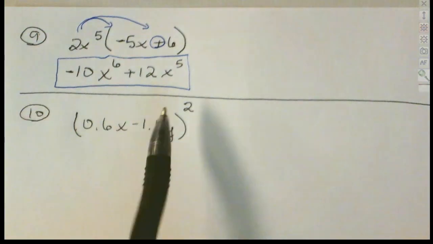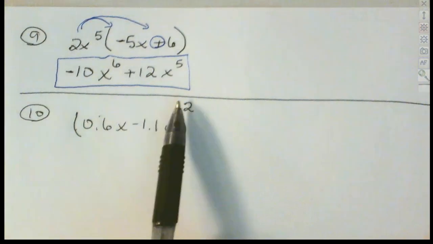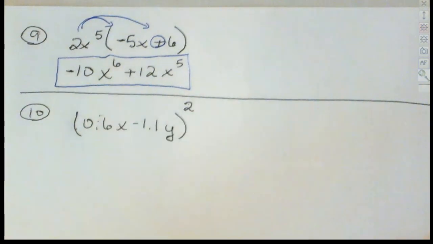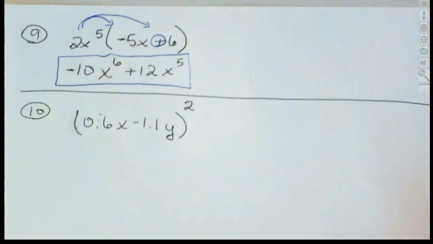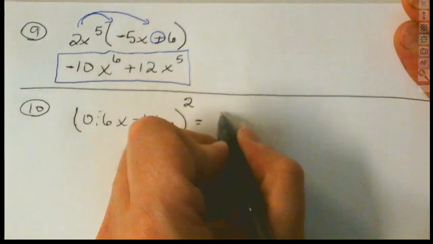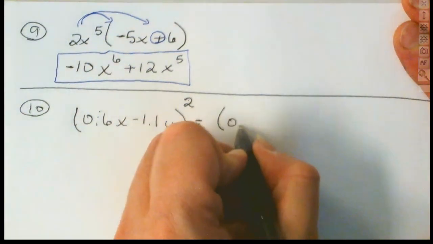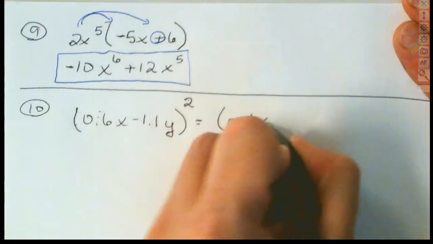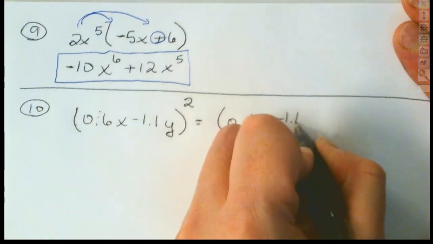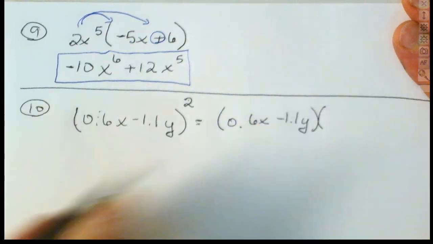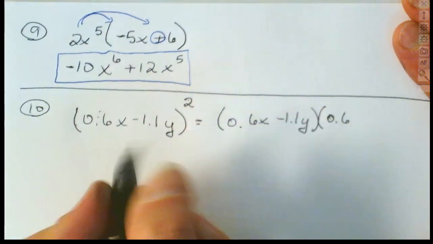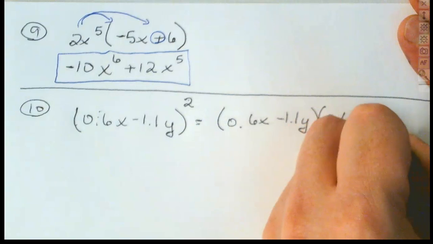A lot of times students will think that they can just distribute that square through each piece. And you can't really do that because you're going to be missing the middles. So to get our 3 terms out, we're going to have to rewrite this as 0.6x minus 1.1y times another 0.6x minus 1.1y.